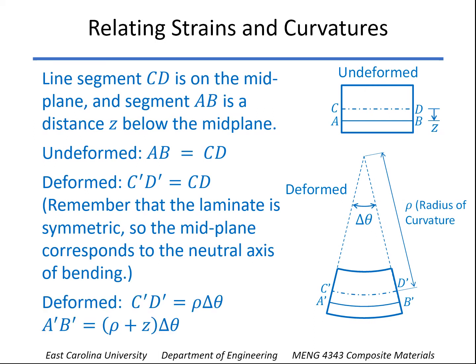And we can also say that it's a circular arc. So C prime D prime would be that radius of curvature rho times delta theta, the small angle. A prime B prime is also a circular arc, but now its radius of curvature is going to be a little bit more than rho. It's going to be rho plus whatever that z distance is that it is below the midplane.